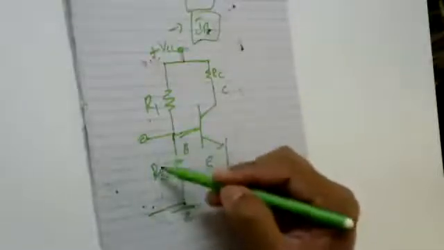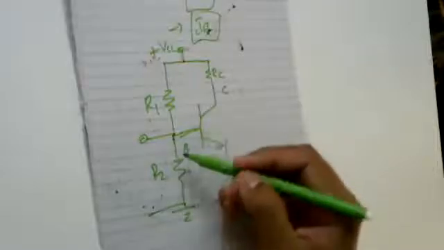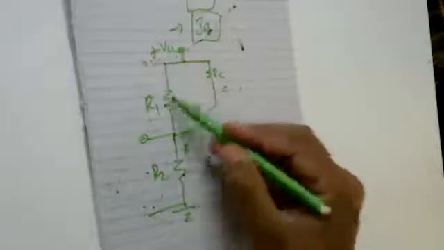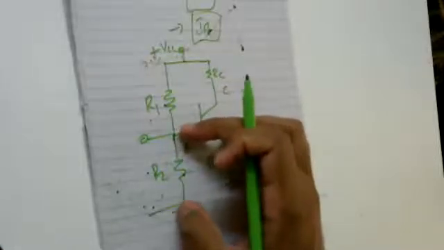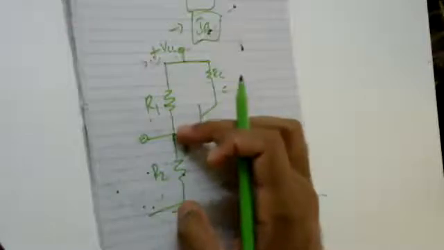Whatever is the voltage drop across this element is the voltage applied to your base. If I want to identify this voltage, I can simply say that VB is equal to R2 divided by R1 plus R2, into VCC. It's a simple voltage divider circuit, and I'm simply applying the equation to identify the voltage drop across the resistance R2.